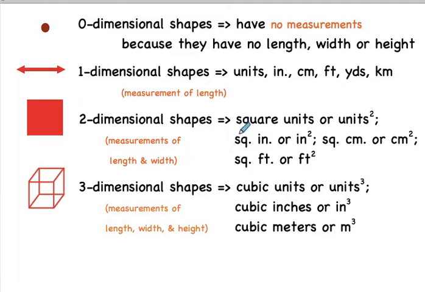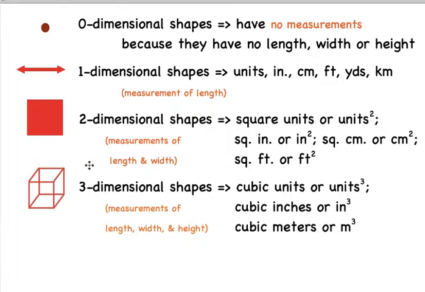We can have other examples like square inches or inches squared, square centimeters or centimeters squared. We also have square feet or feet squared. There can be all different measurement names to a two-dimensional shape depending on what its measurement is labeled as.